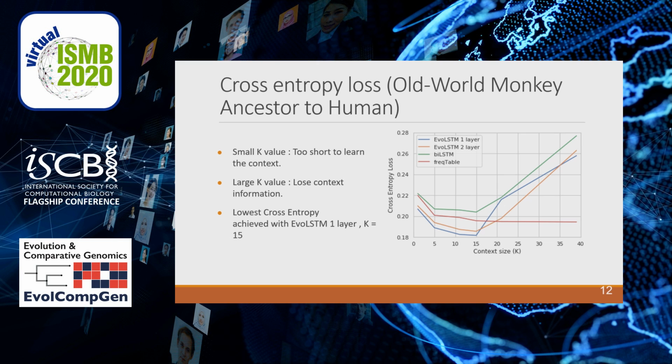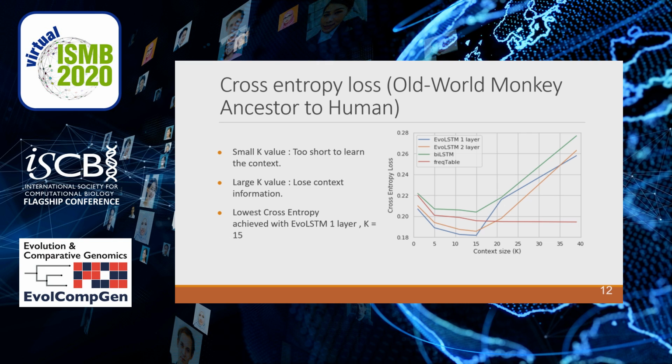We can observe that the EvolSTM with 1 layer takes advantage of the context size up to 15, with the lowest cross-entropy loss achieved among all approaches. The other approaches, in particular the frequency table approach, are not as successful.